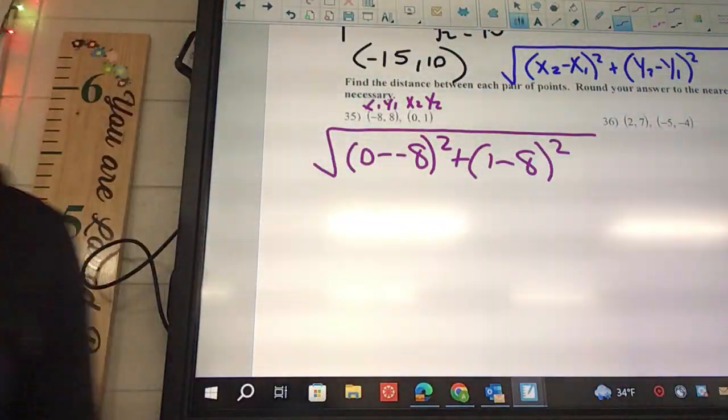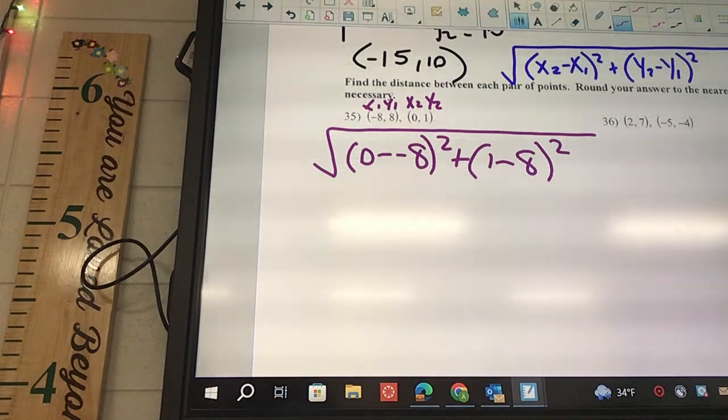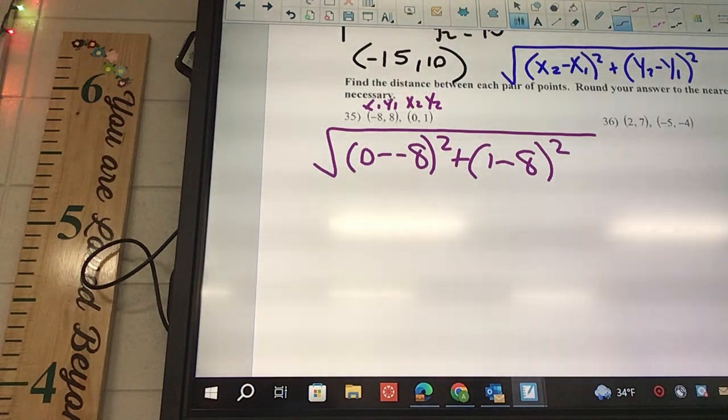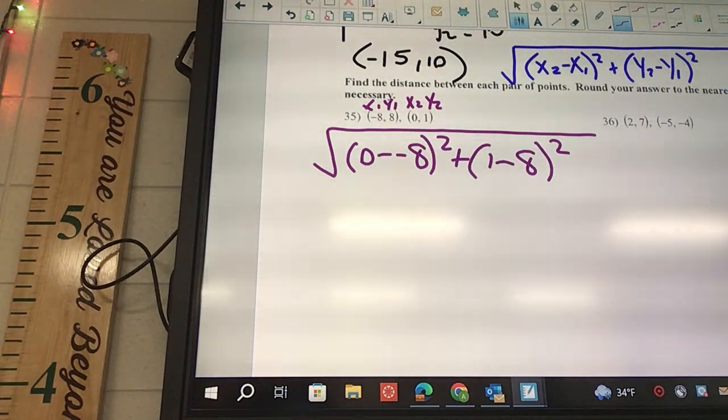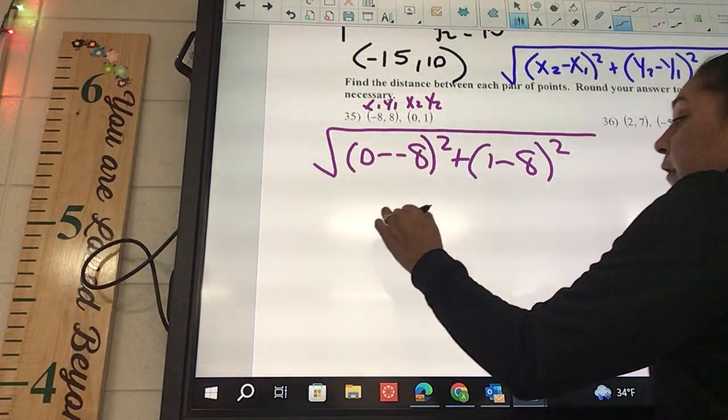This whole thing you can type in on your calculator. I got 113. Doesn't have a square, so you're gonna hit the square root button for sure. 10.63. You did it wrong.